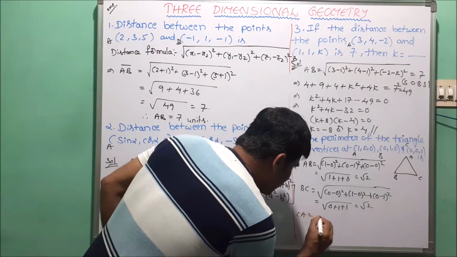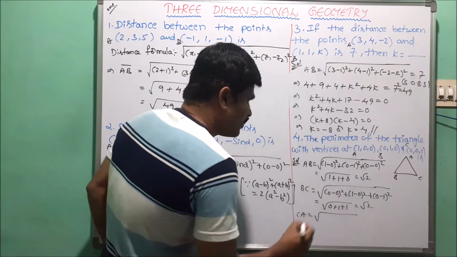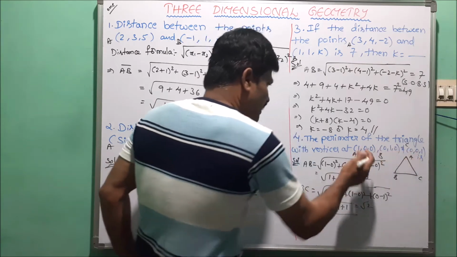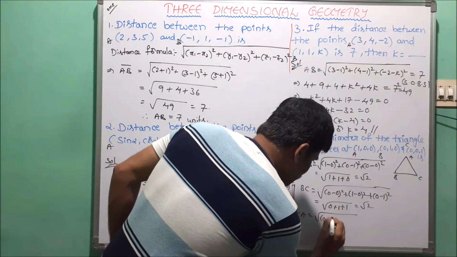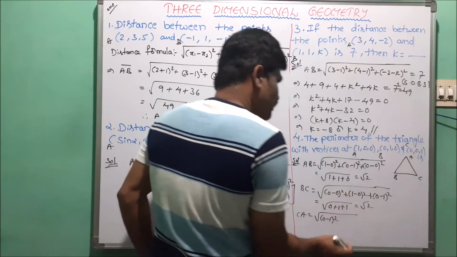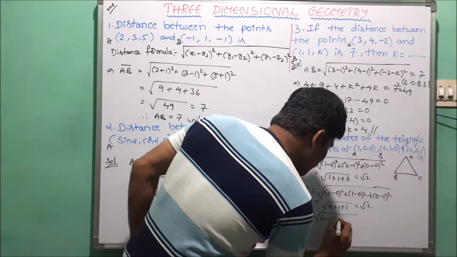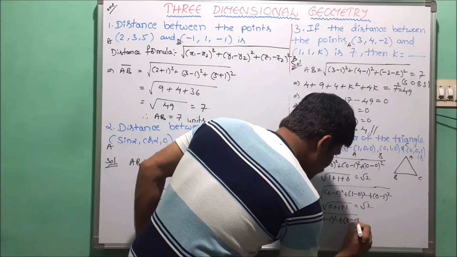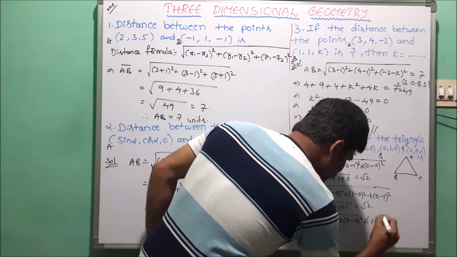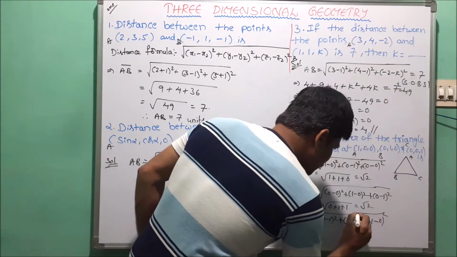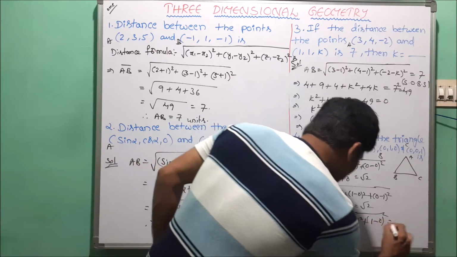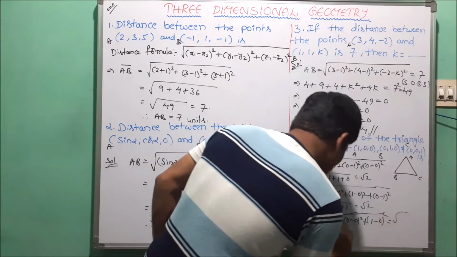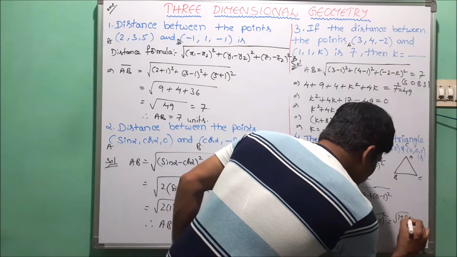Similarly, to find CA, square root of (0 minus 1) whole square, (0 minus 0) whole square plus (1 minus 0) whole square. Now the total value is square root of 1 plus 0 plus 1, that is also root 2.